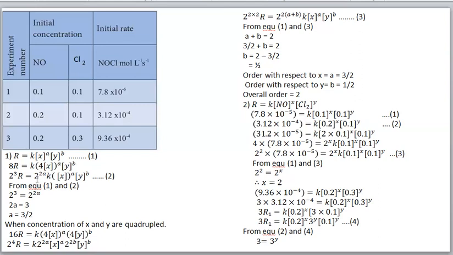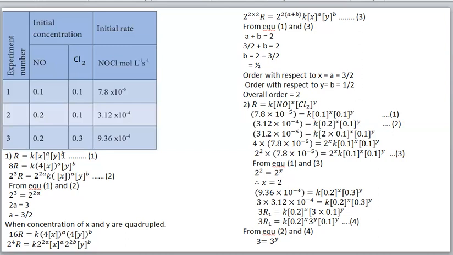So we can write 2 to the power 2A. 4 to the power A is equal to 2 to the power 2A. This 8 we can write as 2 cubed. Then compare equation 1 and 2, or we can say dividing equation 2 by 1. Like that also we can write. So when we compare this, you see, this R and this R we can cancel. This K cancels.